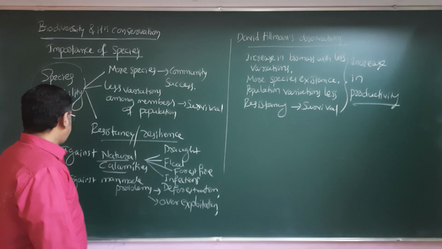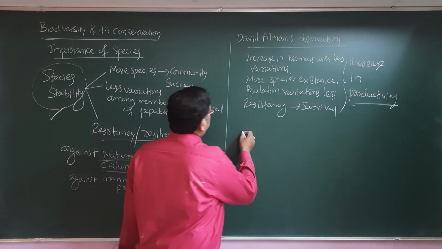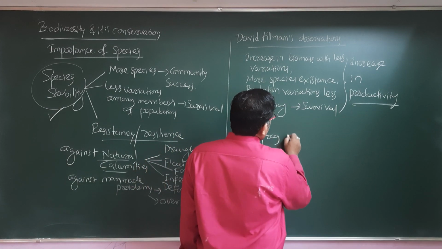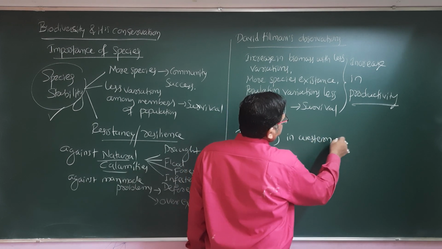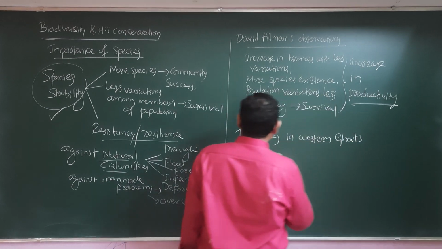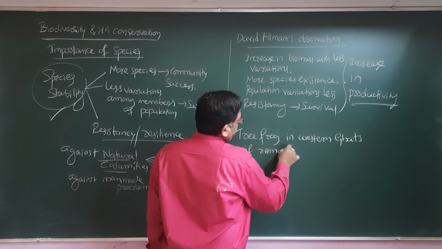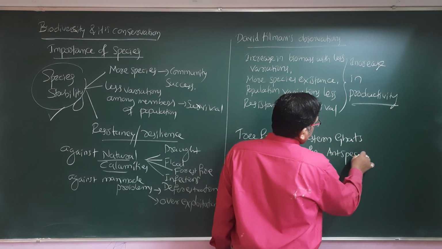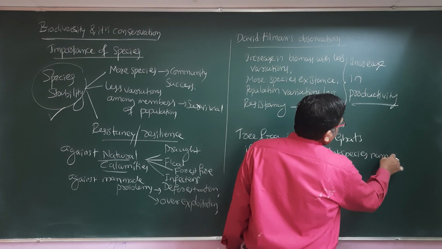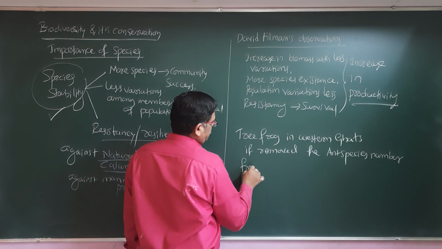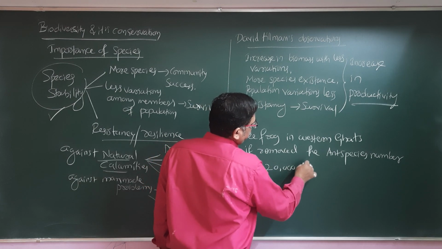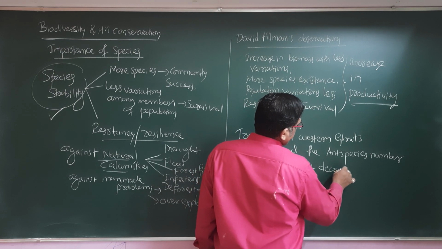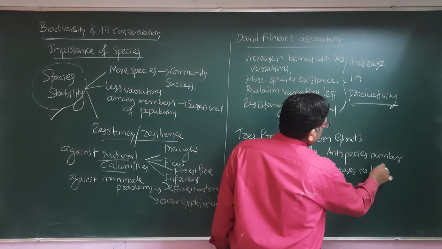When we take an example of the tree frog in the Western Ghats, if the ant species number is removed, from 20,000 it decreases to 15,000.